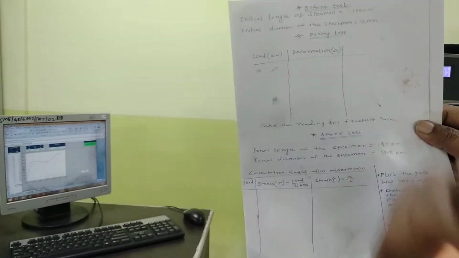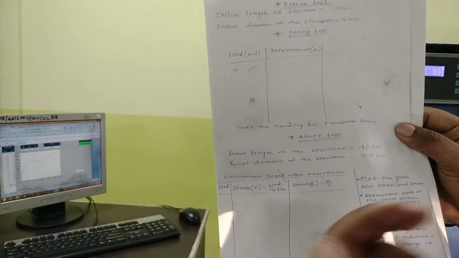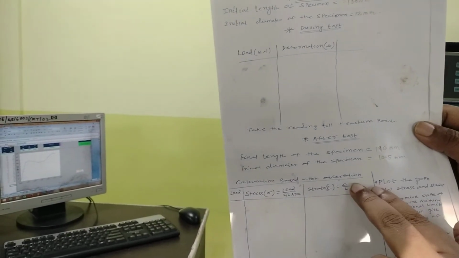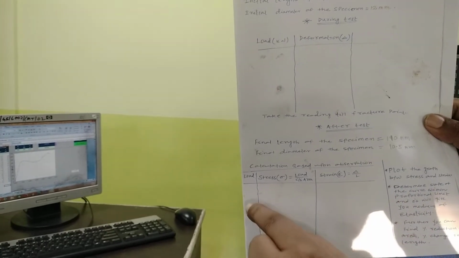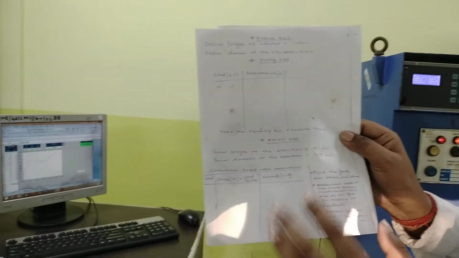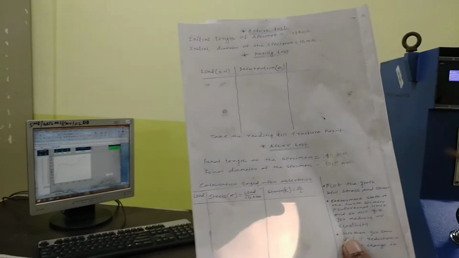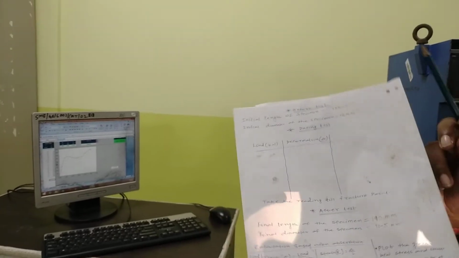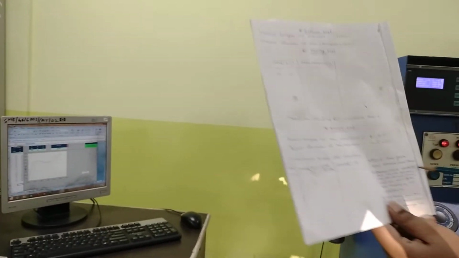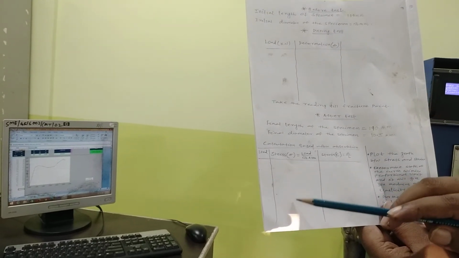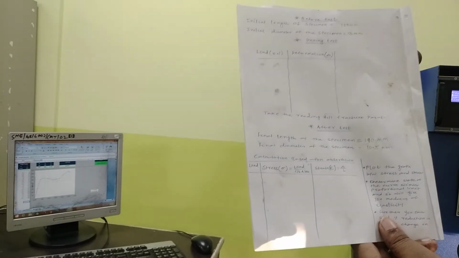Further, at each load we already have the deformation data, that is change in length, and you have the original length, so you can calculate change in length by original length. So at each load you will have the stress and the strain, and you will be able to plot the curve between the stress and strain. Once the data is ready for the stress and strain, you can plot.